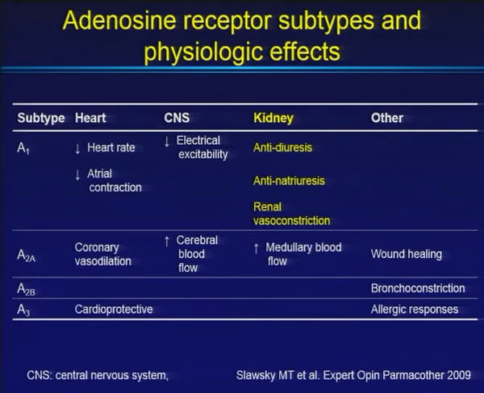That means if we block adenosine A1 receptors, then diuresis increases and renal vasoconstriction is released. That may be a benefit for renal impairment.